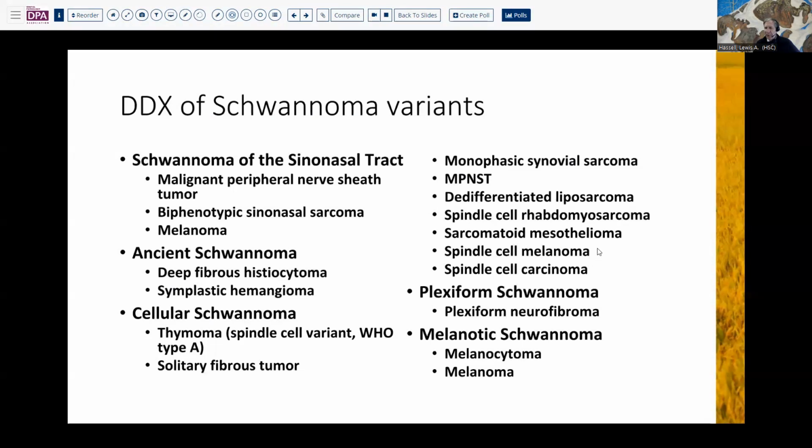Of course, with spindle cell melanoma, there could be quite a bit of immunohistochemical overlap, as with melanotic schwannomas. So this spectrum of disease involving melanoma or melanocytic tumors is an important one to be cognizant of and to be careful in your differential considerations with it.